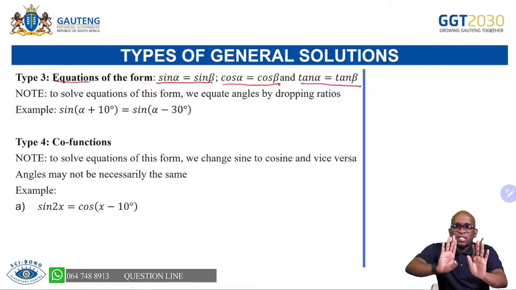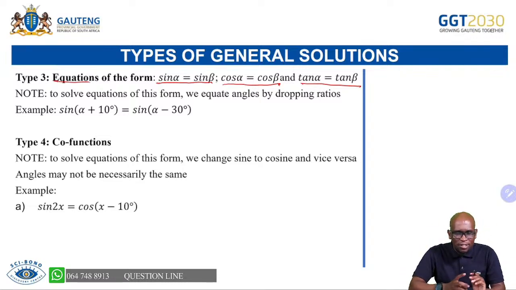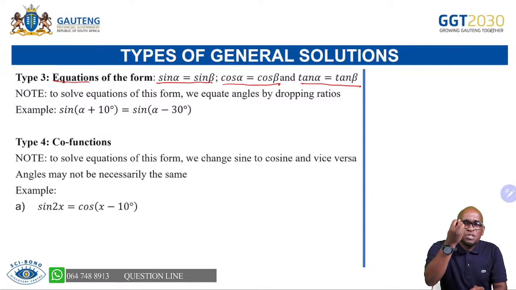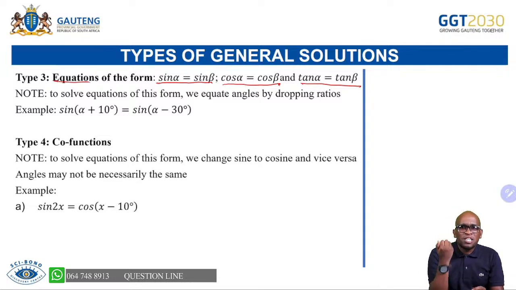We are equating the same trig ratios that contain different angles. So what is the methodological approach there? We are going to be dropping the trig ratio, or correctly said mathematically, we are going to be equating the angles.